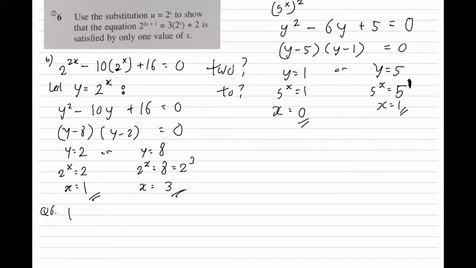Now they give you the substitution. Using the substitution u equals to 2 power x, you want to show, listen carefully, they said show. They didn't say solve it exactly. They want to show that the equation is satisfied by only one value of x. This is a very weird way to phrase it.